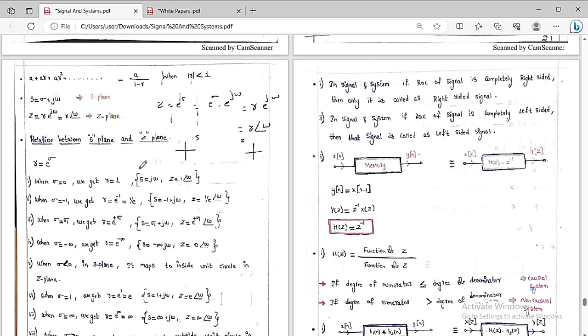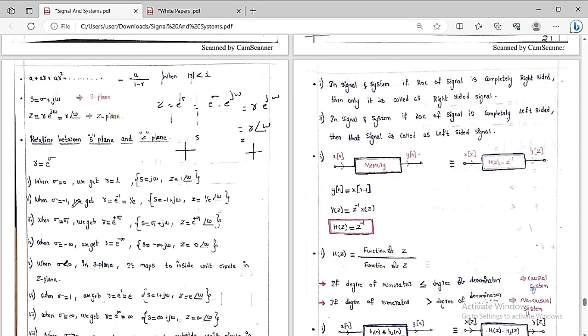So S is equal to j omega only, and Z is 1 at an angle of omega. So all the points on the imaginary axis of the S plane are going to map to the unit circle of radius 1 on the Z plane.